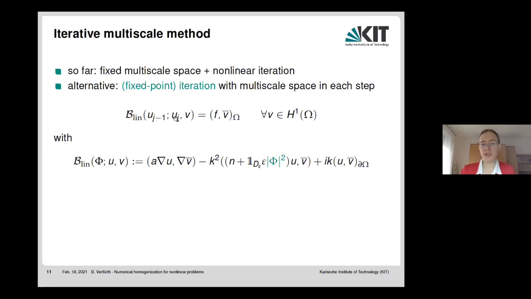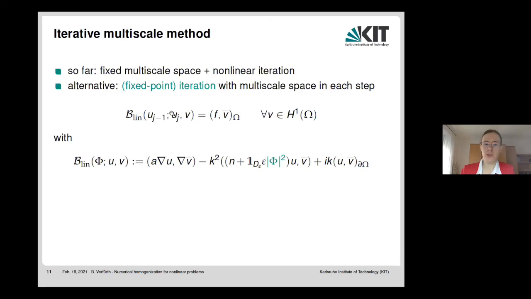You pick some U0, and then your Uj is defined as the solution of a linear Helmholtz problem, denoted by this calligraphic B lin, which is the sesquilinear form from before. For the nonlinearity, you insert this fixed function that is given as the first argument here, the phi.